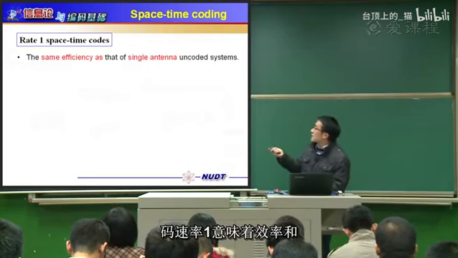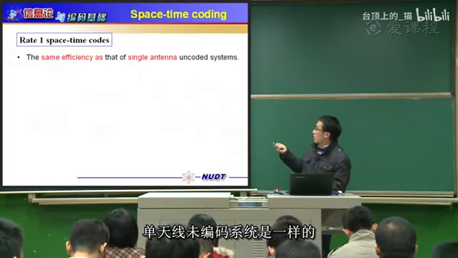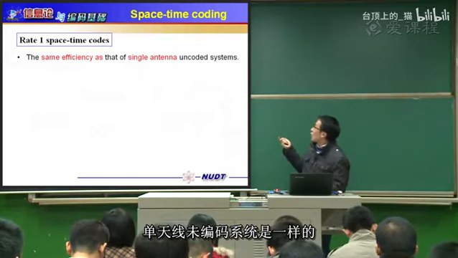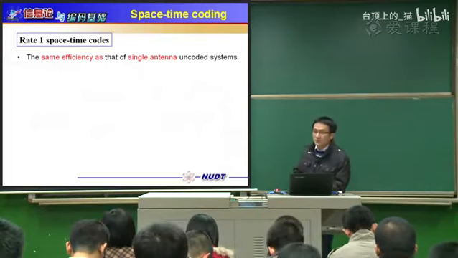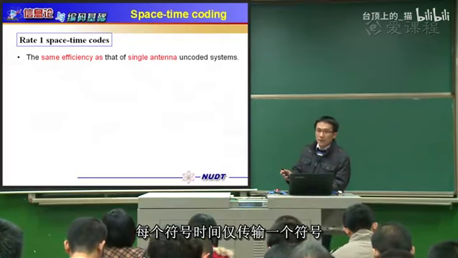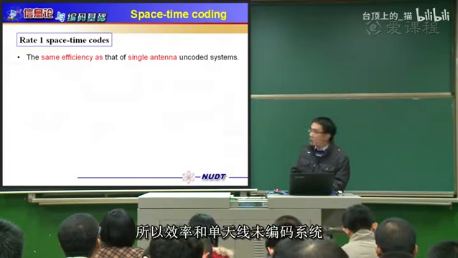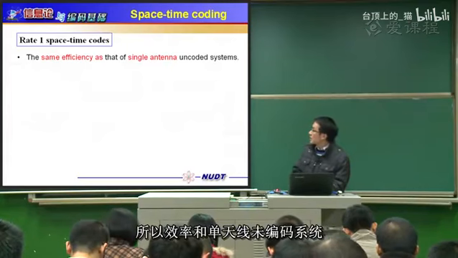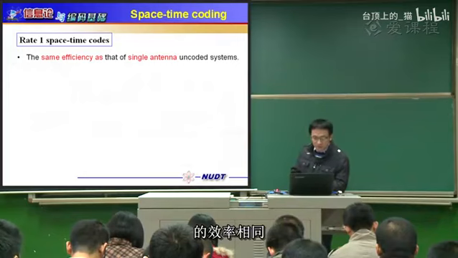Rate 1 is the same efficiency as that of a single antenna uncoded system. Obviously, each symbol time slot transmits just one symbol, so the efficiency is the same as the single antenna uncoded system.